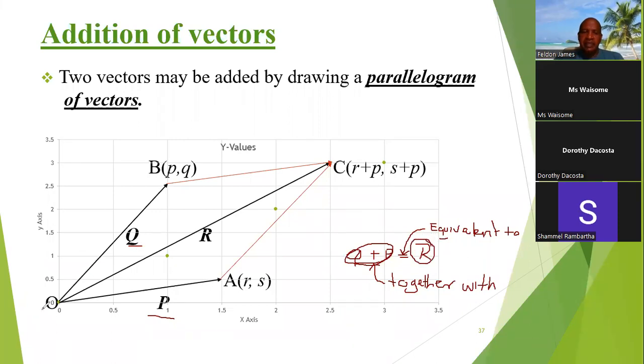That means, let's say that P and Q are two persons. Let's say Q is one person and P is another person.